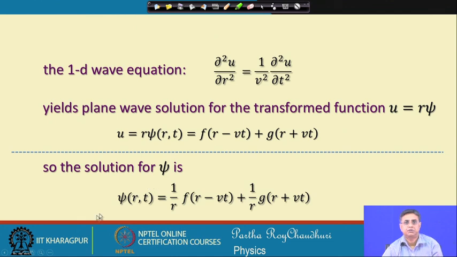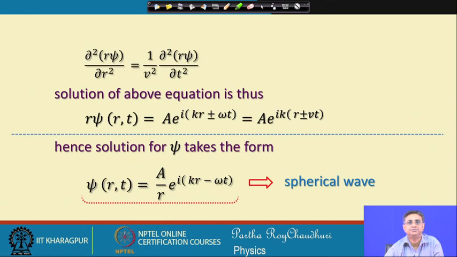So, the solution for psi is like this, but this is now the spherical wave solution. So, the solution of the above equation is thus r into psi will become like this, and hence the solution for psi takes the form psi of r, t equal to A by r e to the power of i k r minus omega t.